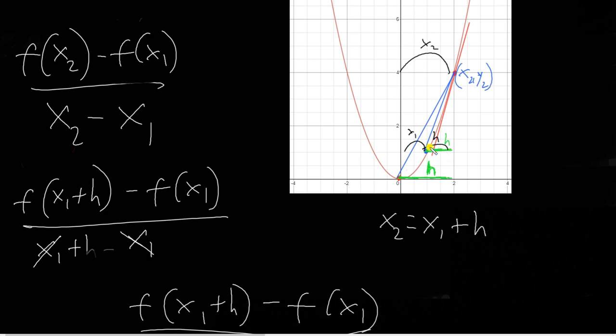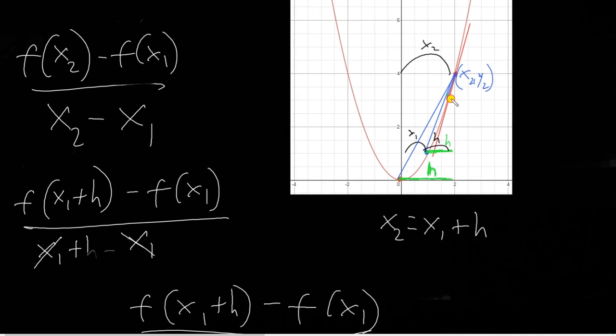If I move my first point even closer up here and draw this line, I don't know if you can even see that, my h is really, really small. So as the first point and the second point get closer and closer together, the distance h between them becomes 0.